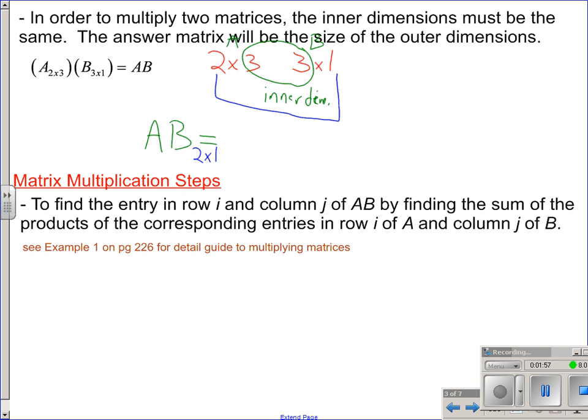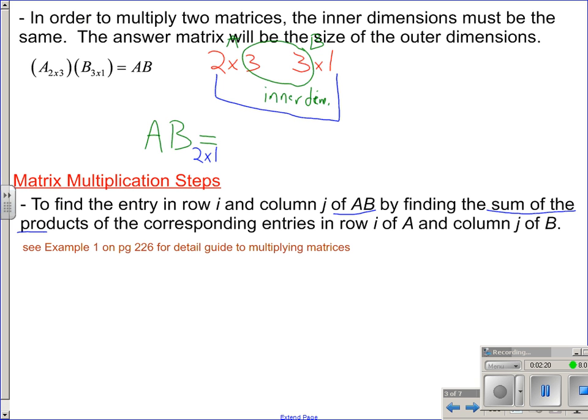Now, the steps to do matrix multiplication. It's a little bit different, and this is the best way to word it. This is the wording from the textbook. To find the entry in row I and column J of the answer matrix, A times B, you're going to find the sum of the products. That's the key phrase.